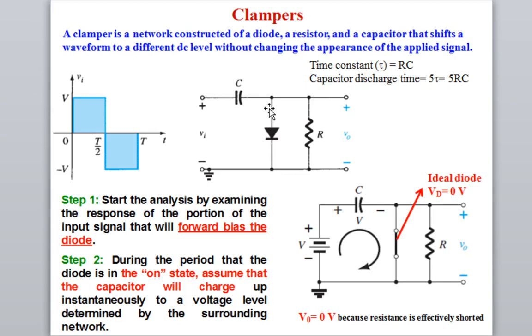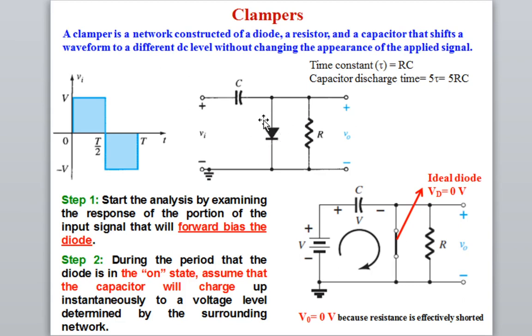In the clamper circuit, initially it is assumed that before applying any input signal the capacitor is discharged. The charging of the capacitor takes place when the diode goes in forward bias.